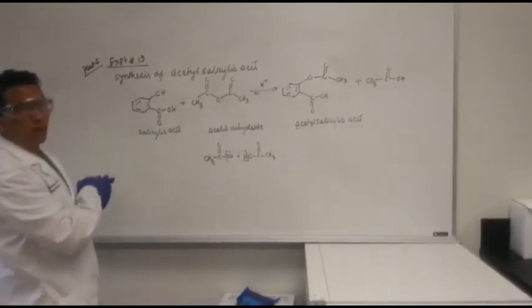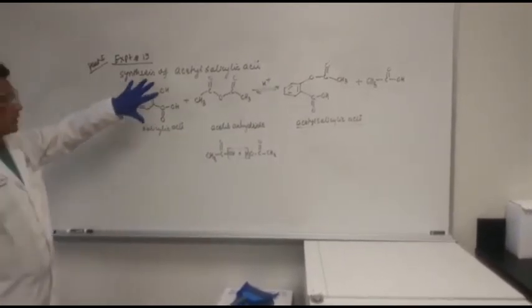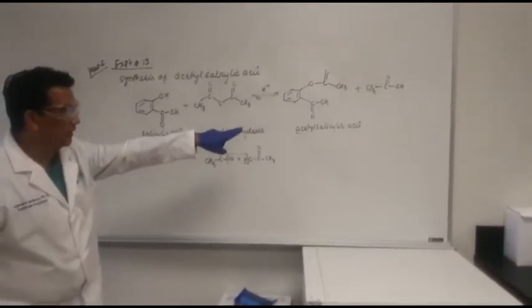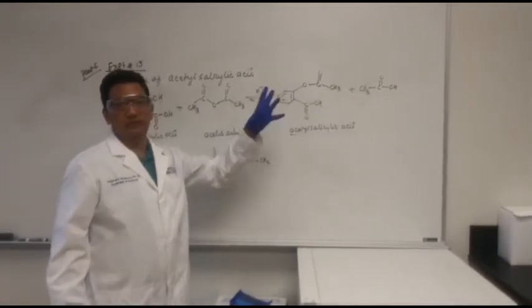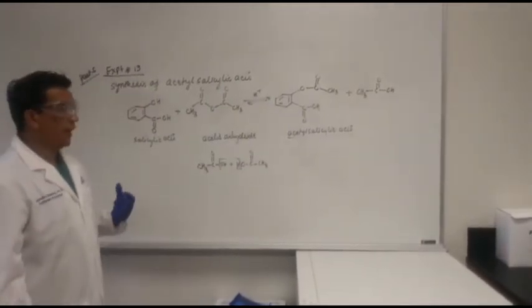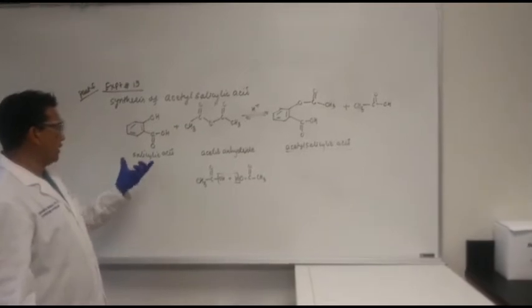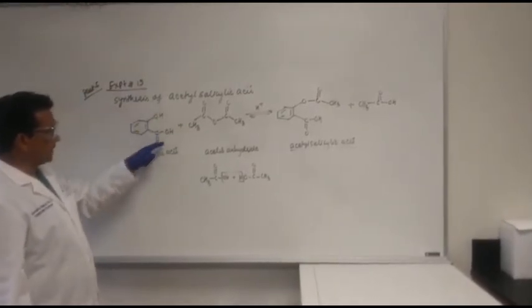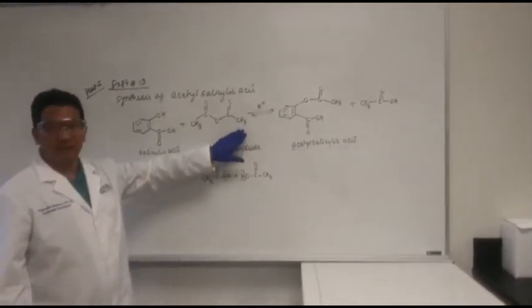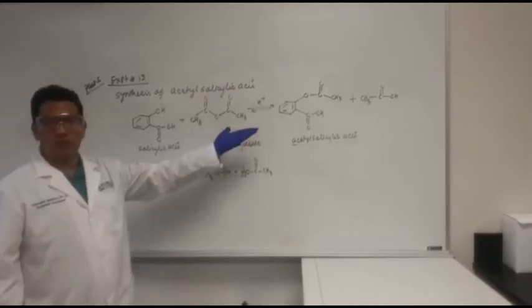So let's talk about the first part, the preparation of acetylsalicylic acid, which is an active ingredient of aspirin. It is prepared by the reaction between salicylic acid and acetic anhydride. This is the reaction that I have shown here on the board.